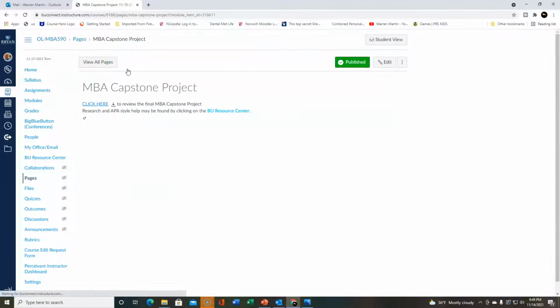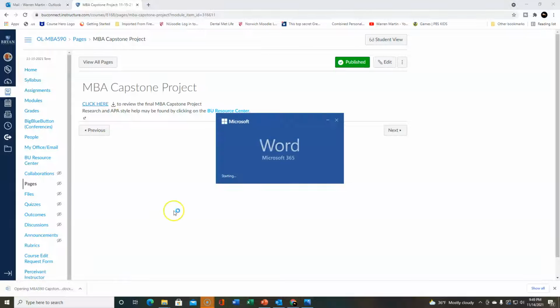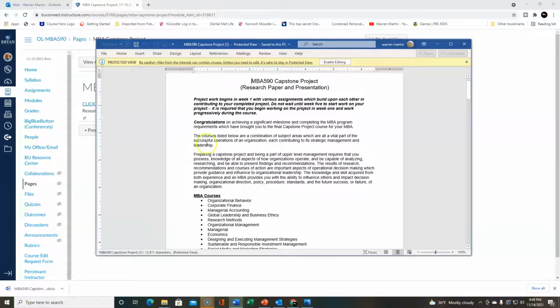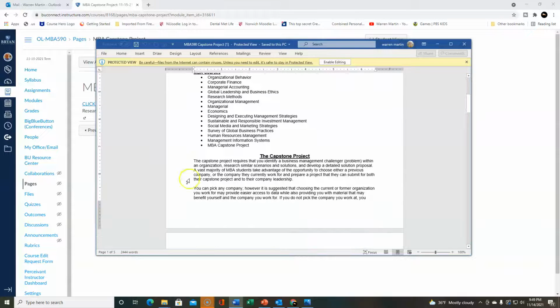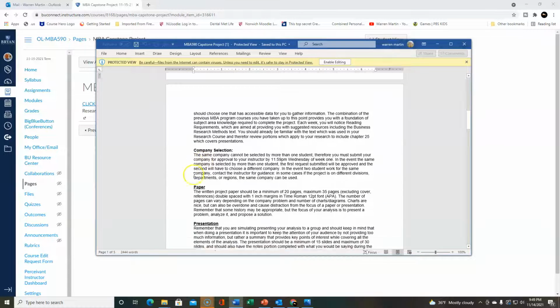This right here has the actual capstone instructions and everything. When you get in there, it's pretty much all laid out: all the courses you've taken, and then the project itself explaining it.